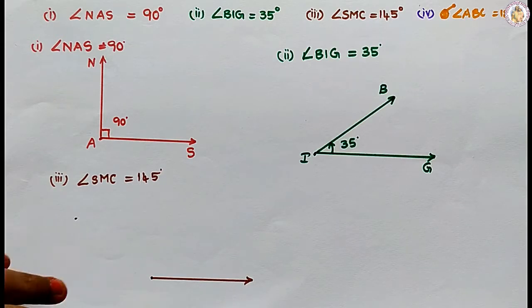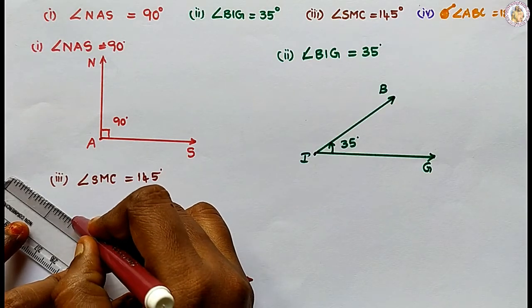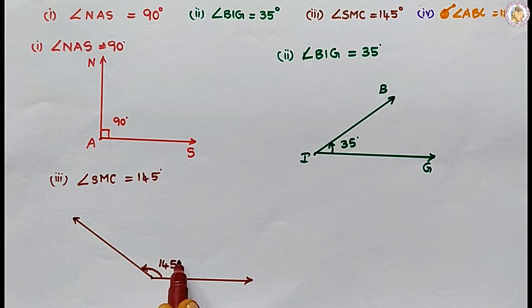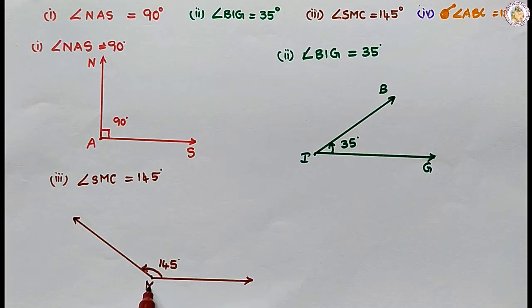Keep the point and join that. Now we get the required angle, 145 degrees. What type of angle is this? That is above 90, so obtuse angle, right? Name that angle: SMC. So that is the answer.